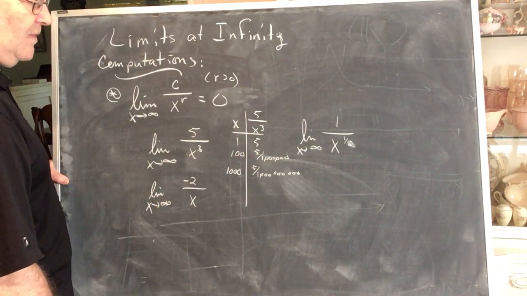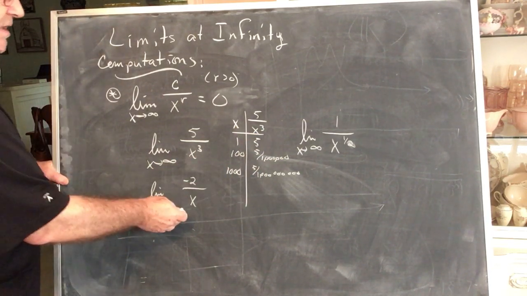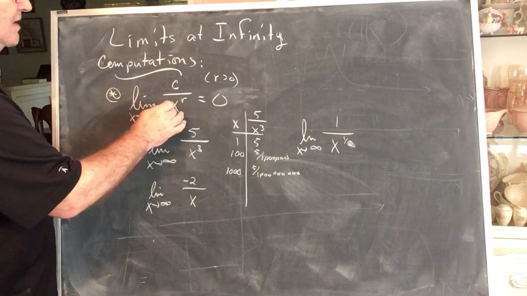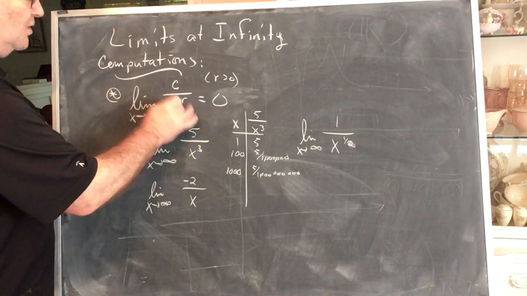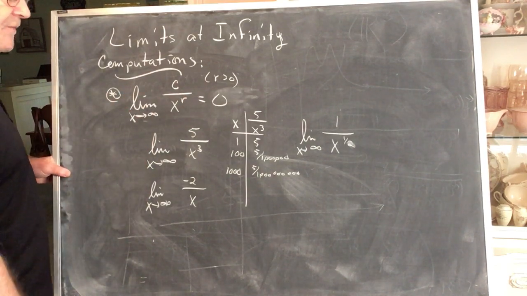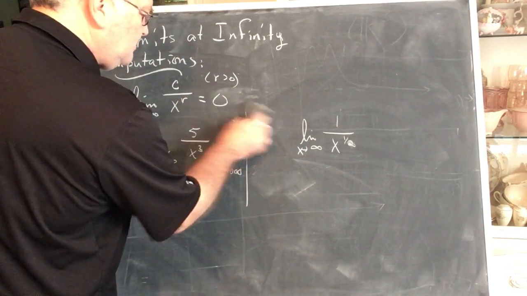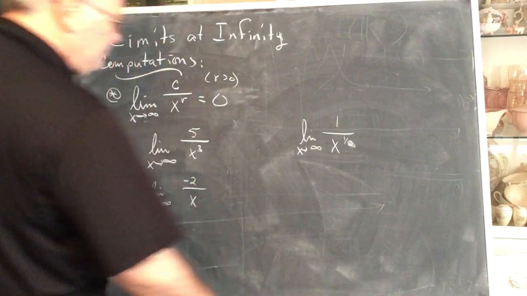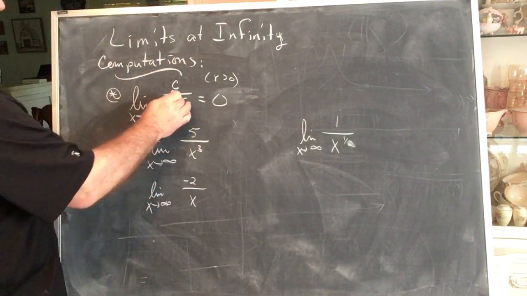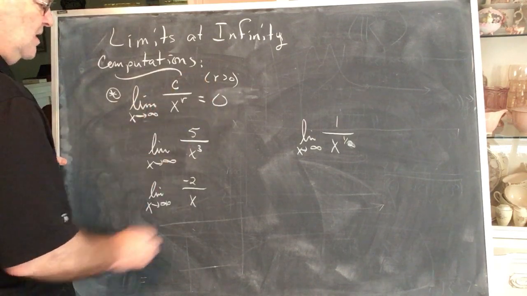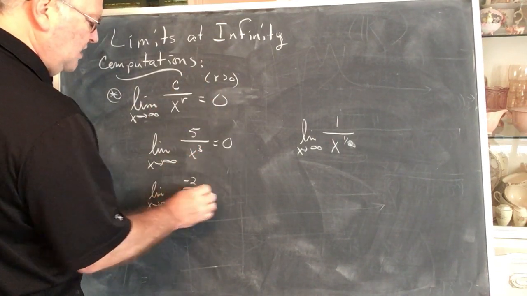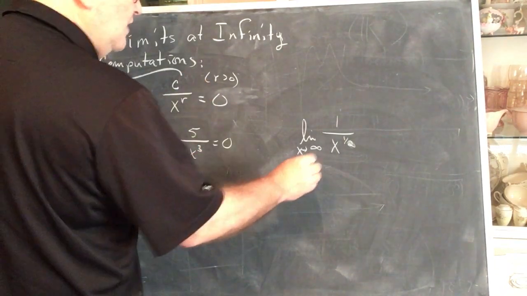It's not too hard to convince yourself that the further out the x axis moves, the closer this function value gets to 0. And so that's our theorem. And that's true for any value of c, and any value of r, again, assuming r is greater than 0. So this limit is equal to 0, this limit is equal to 0, this limit is equal to 0.